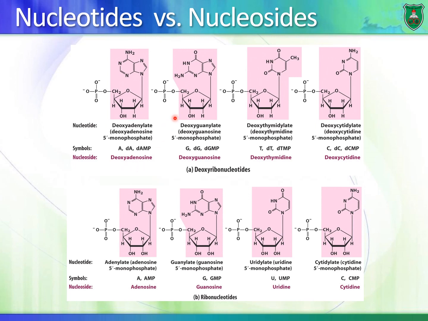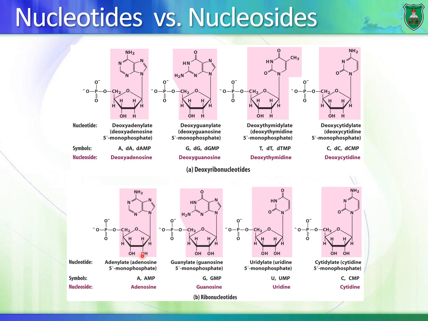Or I can say deoxyguanylate, if it has a guanine, or deoxythymidylate, or deoxycytidylate. Now, if I'm talking about the nucleotides that make up RNA, I can say adenylate, because now it's not deoxygenated like in here.